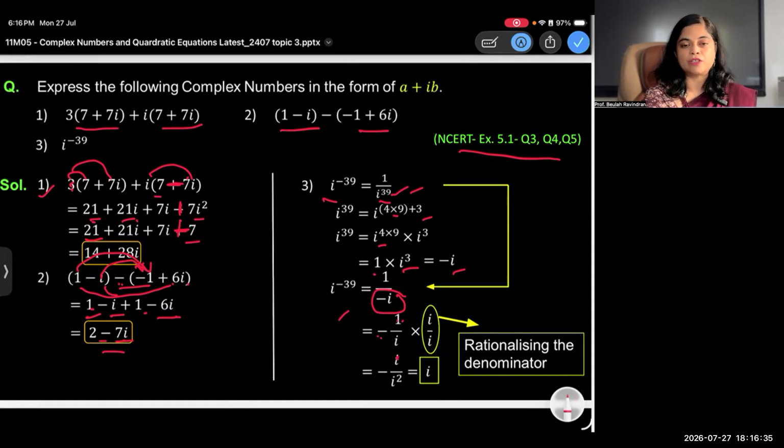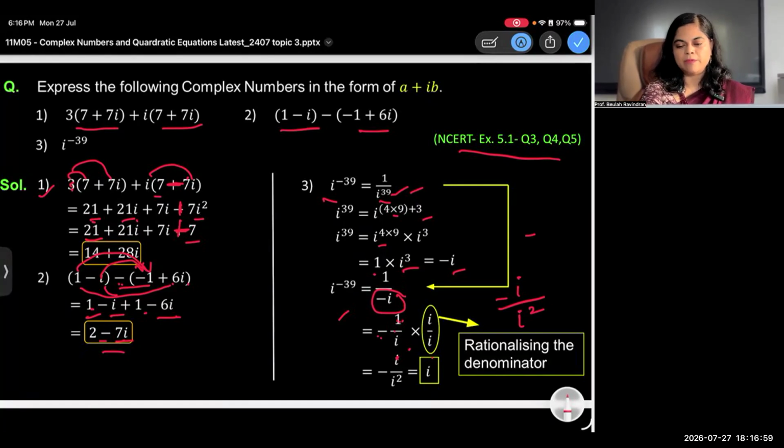Okay. So make sure the denominator should not contain any i. If there is any i term in the denominator, you should rationalize the term with the conjugate. So the conjugate of i will be i alone. So 1 into i minus 1 into i is minus i, by i into i, which is i square.